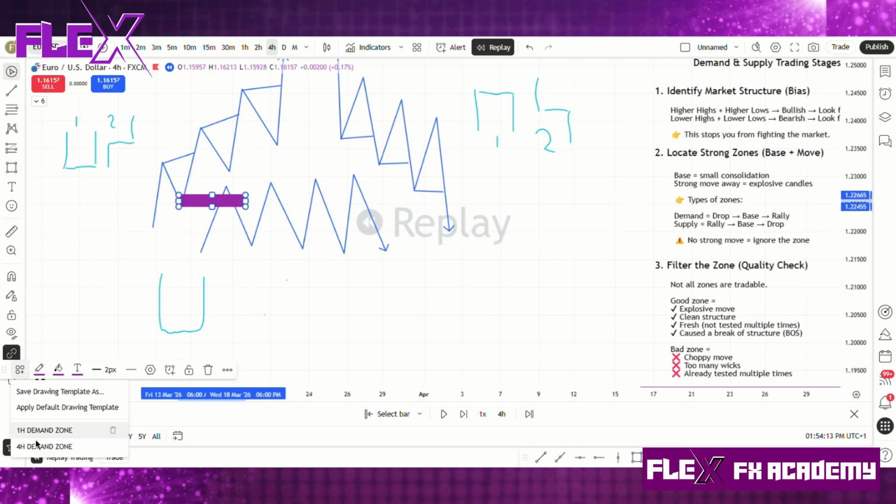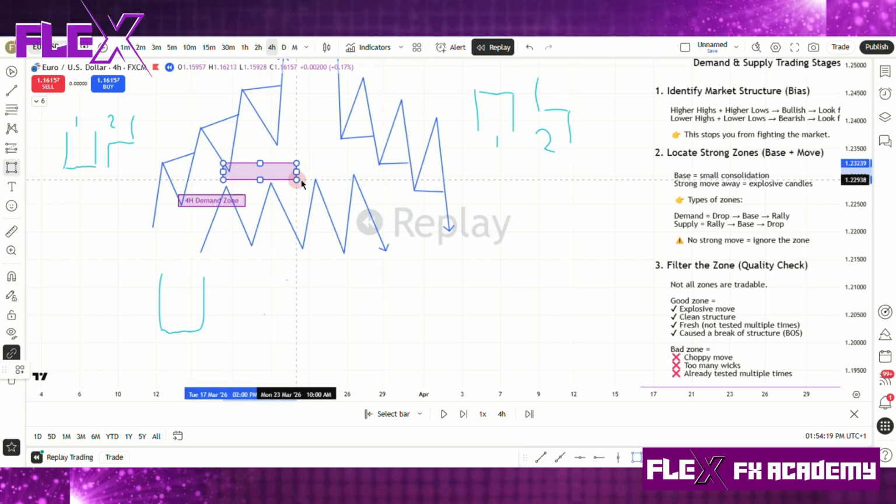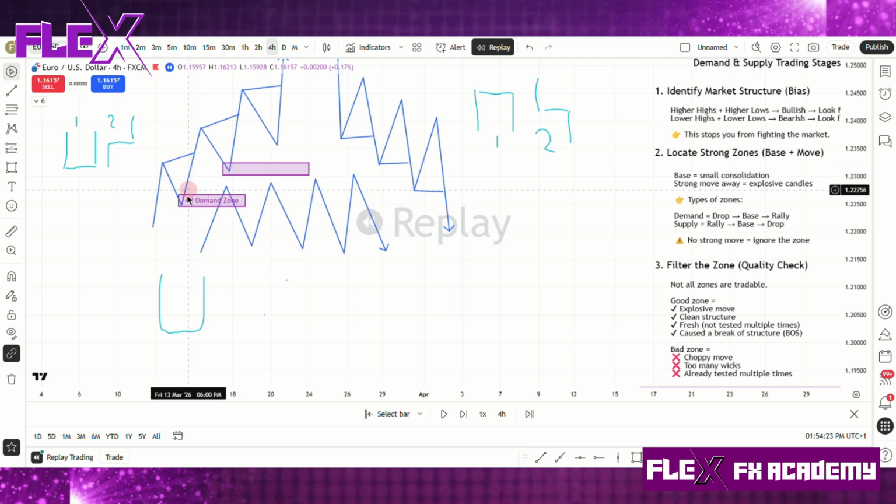What we don't want to see is for the market to break structure and tap in here, move up, and then come back and then we enter. No, it must be a fresh zone that the market has not tapped into yet. Very important, the market must not have tapped into it.